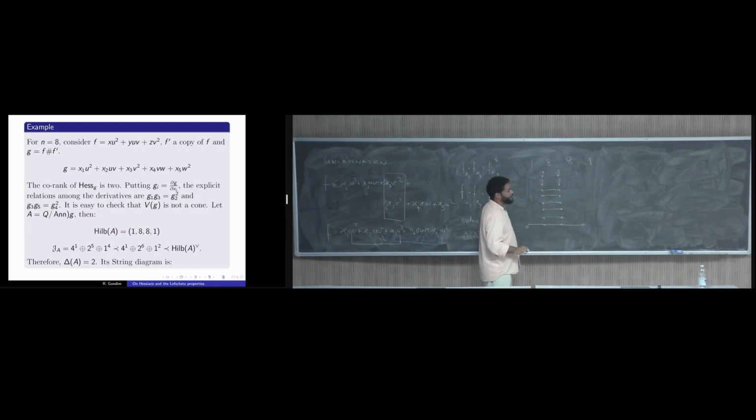This is the string diagram for A that determines the Jordan type of A, which is 4, 1, plus 2, 1, 2, 3, 4, 5, plus 1, 4.